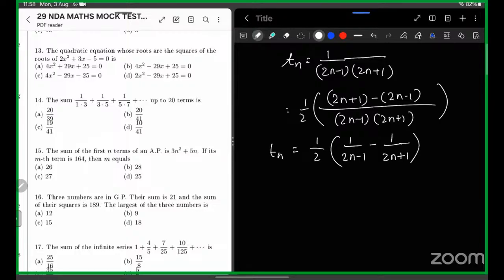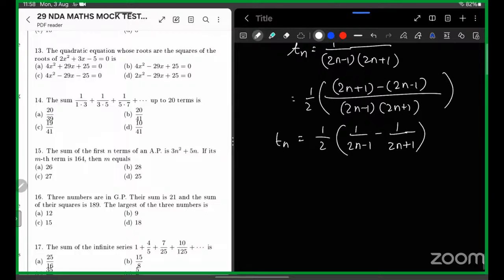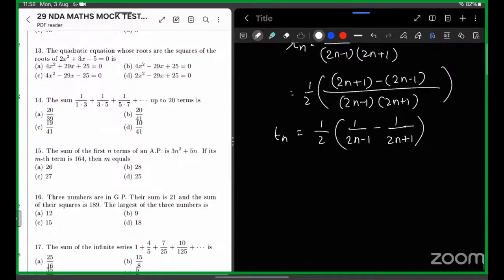This is our tnth term. Now, this is the simplified form of tnth term. We have to find out the summation. 20 minus 1 is 40, 39 minus this. Summation. How we are going to find a summation for this?